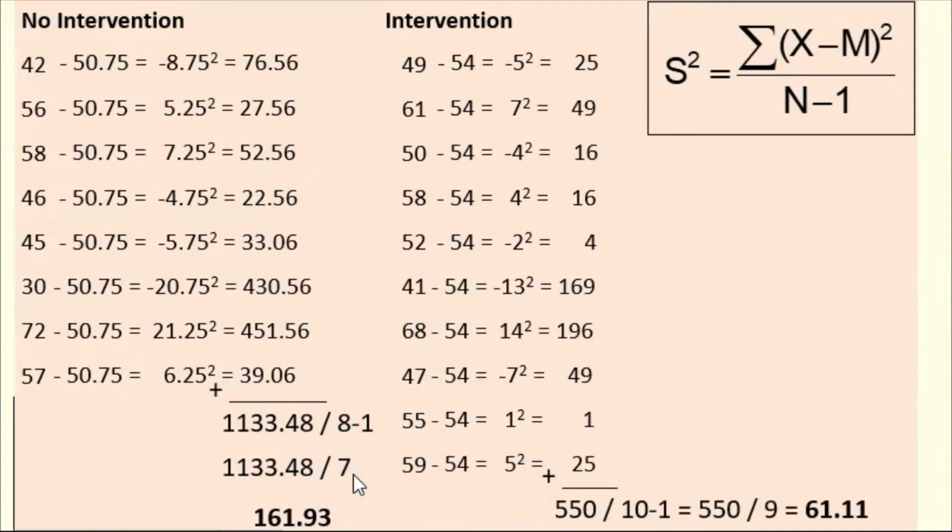Lastly, we're going to divide by n minus 1, which over here will be 8 minus 1, and over here will be 10 minus 1. At the end, for the no intervention group, we get that our estimated population variance is 161.93, and our estimated population variance for the intervention group is 61.11.